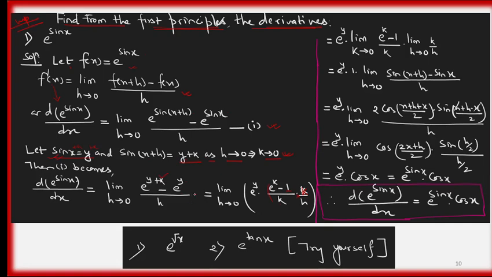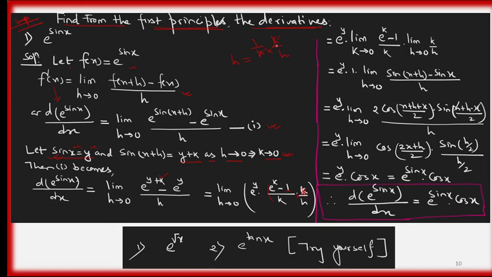So what we did from this step to this step, let me highlight again. e to the power y is taken common, here remaining e to the power k minus 1, and h is written as k times h by k, so 1 by h equals 1 by k times k by h.